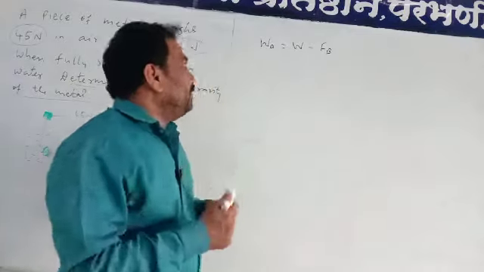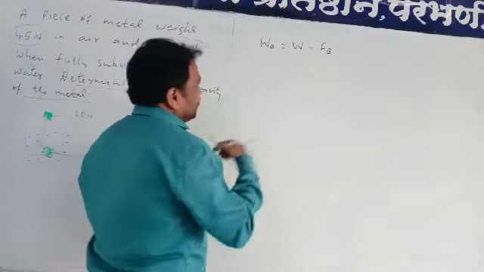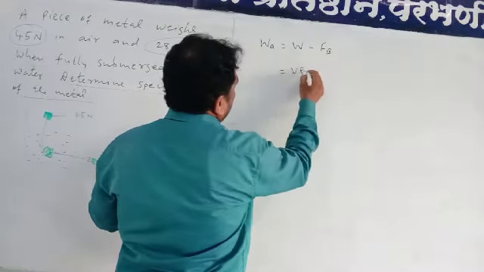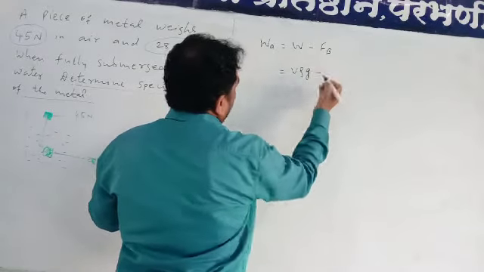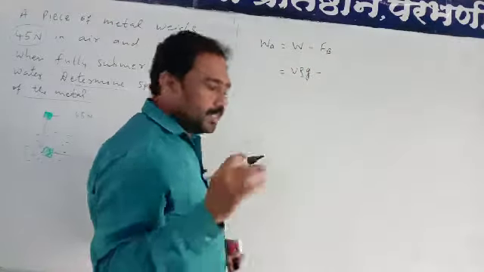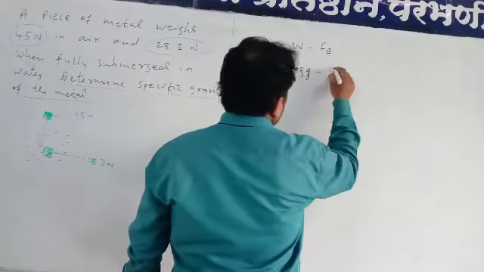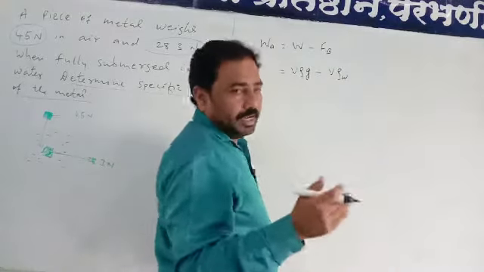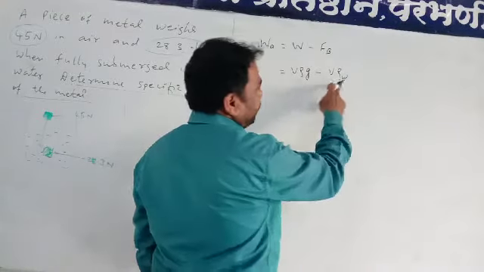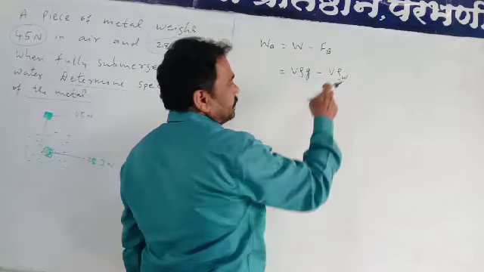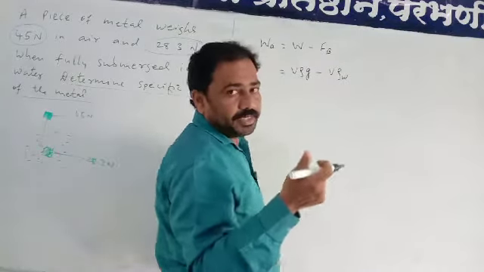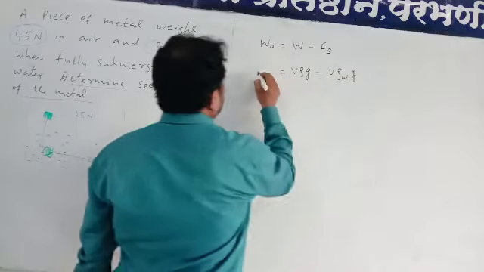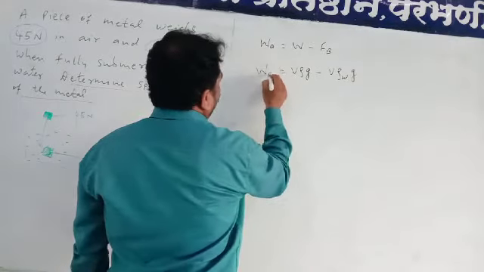Now the actual weight of the object is V rho g, minus the buoyant force, which is also V rho_W g, where rho_W stands for the density of water. So this is the apparent weight.